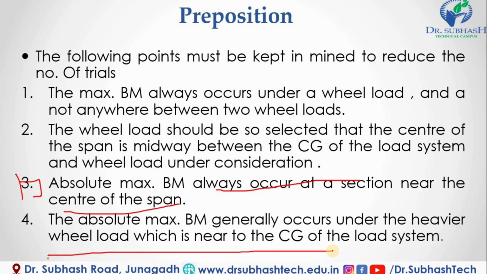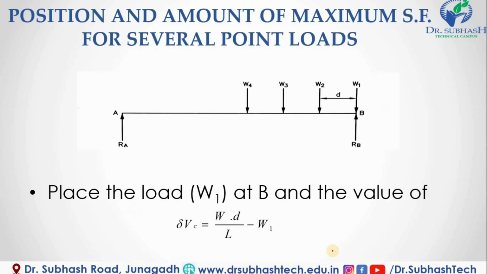So keep all these 4 points in mind while we calculate the absolute maximum bending moment. I repeat, numerical examples will be solved later, but right now you have to note down these 4 points and keep them in mind, so we can reduce the number of trial sections.